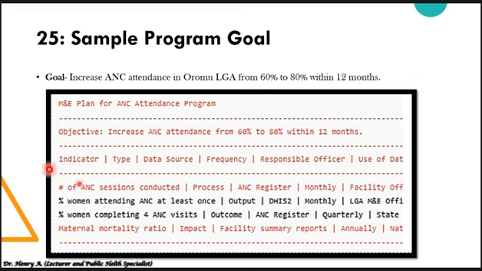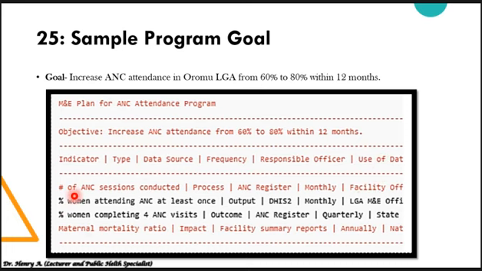So here you can see the M&E plan for the ANC attendance program. You can see the objective: to increase ANC attendance from 60% to 80% within 12 months. And then you can see the indicator, the type, data source, frequency, responsible officers, use of data, and so on.